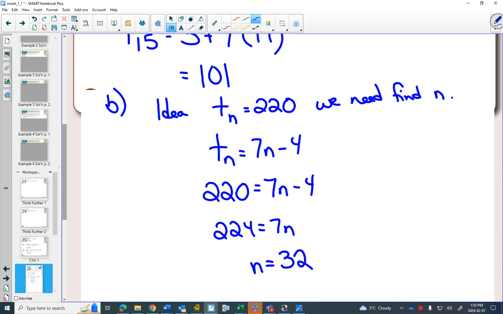And you get 32. Notice the answers for these ones are right at the bottom, so you can check right away if I made a mistake. I don't know if that's so good for me or not. And so n is 32. Which term is it? It is term 32 that is equal to 220.